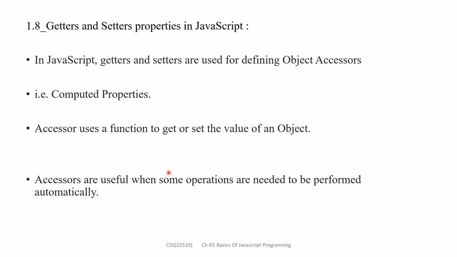Accessors are useful when some operations need to be performed automatically. Here get means we have to get from somewhere, and set means we are setting some value or some object for a particular thing.